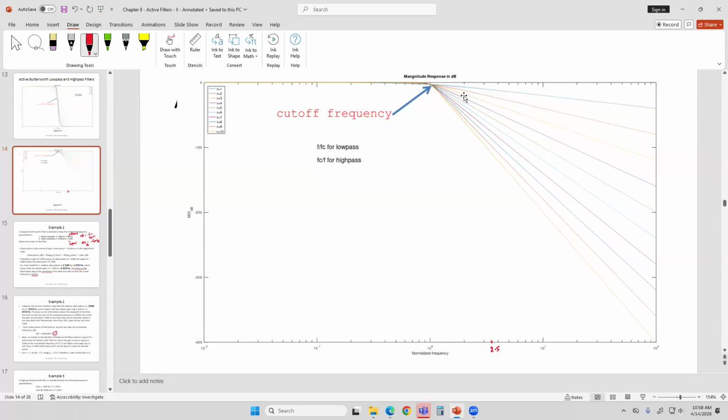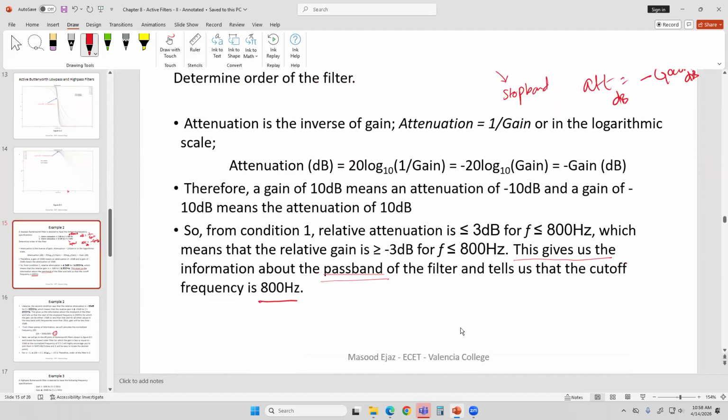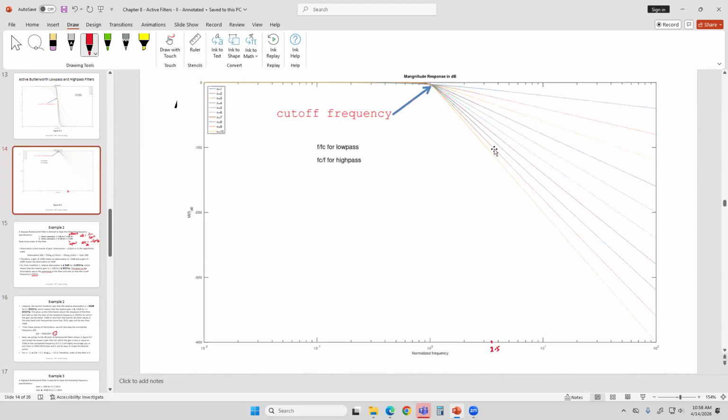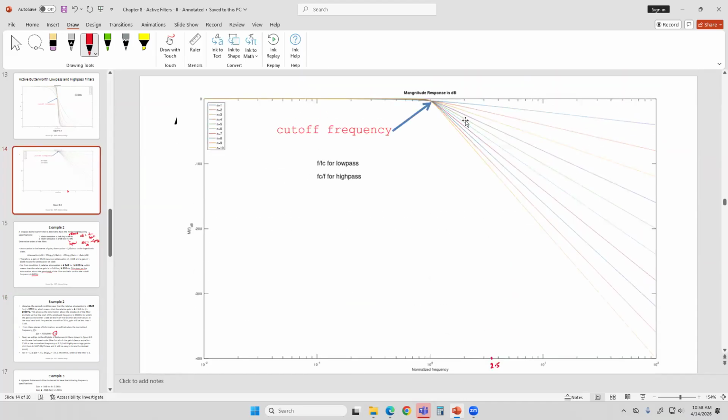This line was, the gain was negative 23 point something. What I put down? Negative 23.3. And again, if you go to fourth, it will satisfy, but it's going to be less than negative 23.3 as far as gain is concerned.